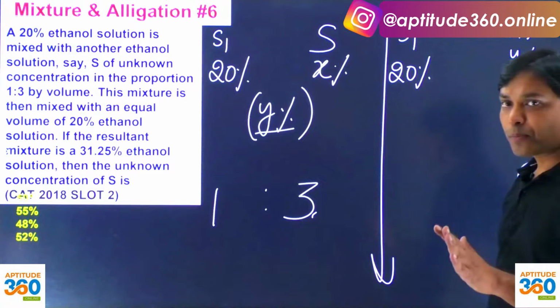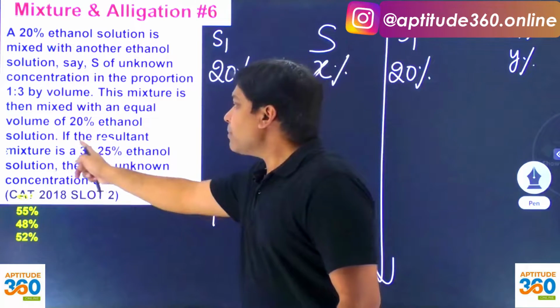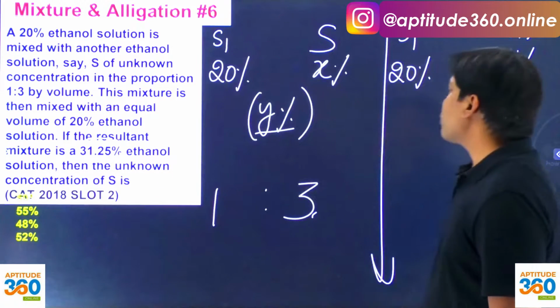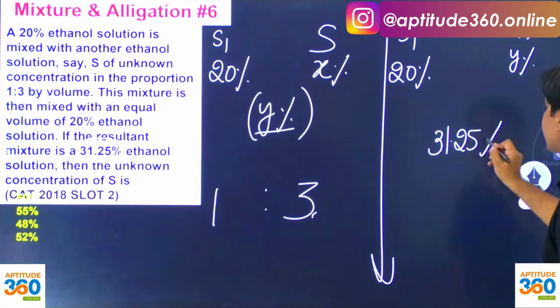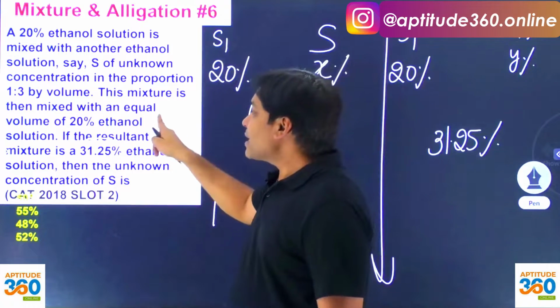That I do not know. But if you mix them, then the resultant mixed concentration is coming out as 31.25. So यहाँ पे ये आ गया 31.25%.